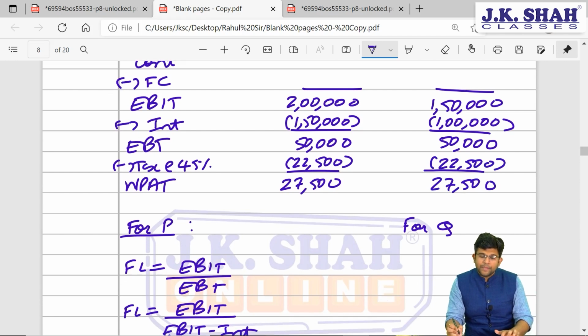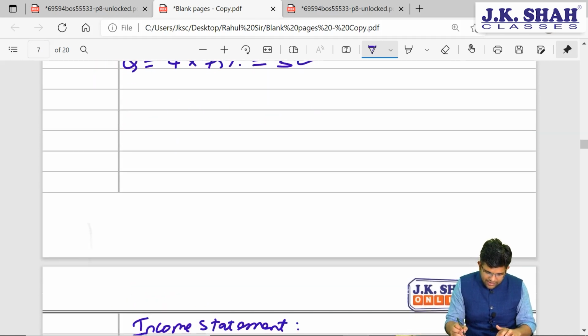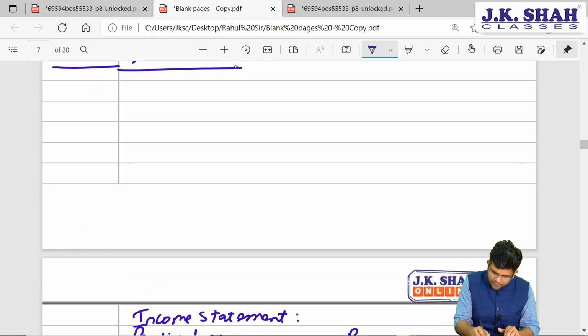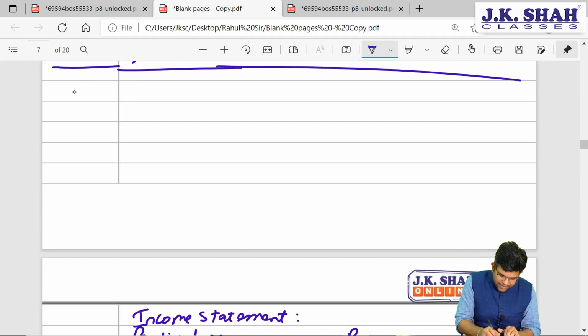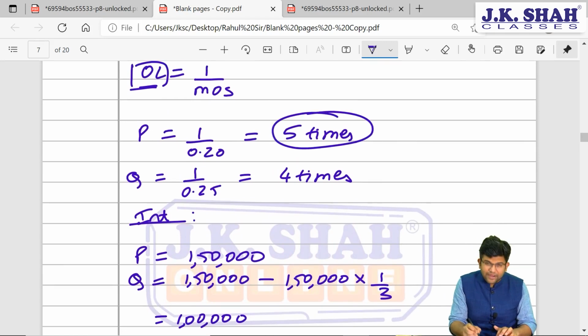Everybody clear? Now children, how to go upstairs? We have the operating leverage with us. Let me show you the calculations here only. For P Limited, children, first of all, what is the formula of OL? OL is equal to contribution upon EBIT. The operating leverage for P is 5 times.